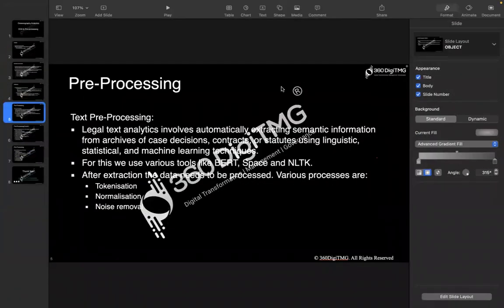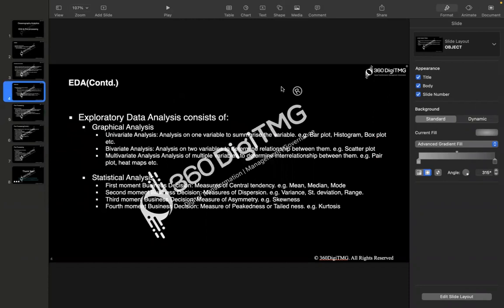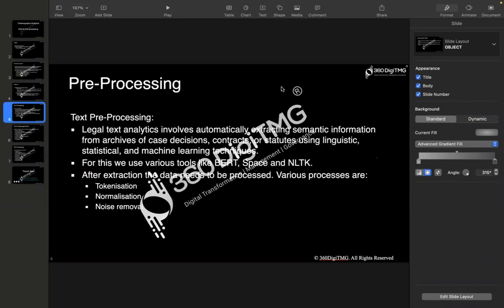From the pre-processing point of view, here we use text preprocessing.